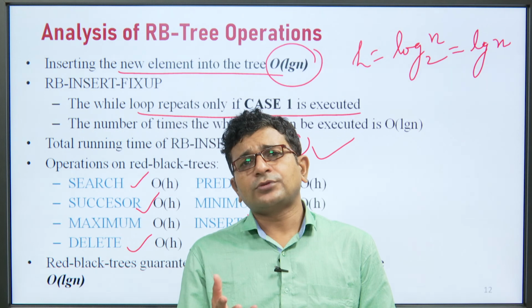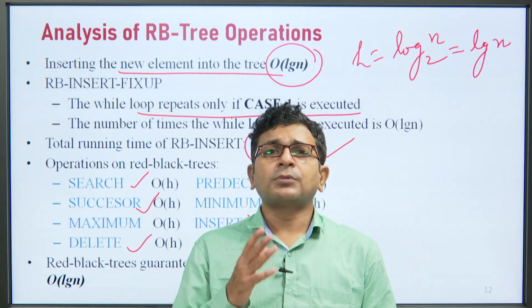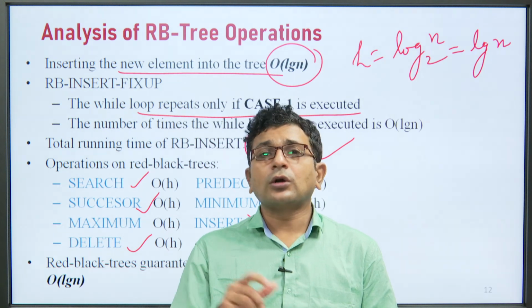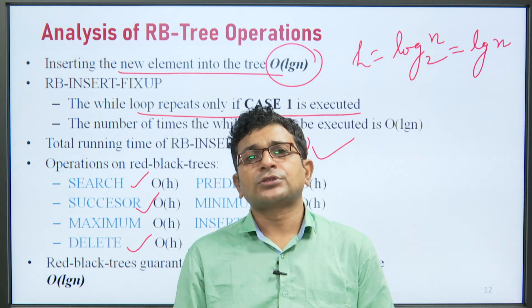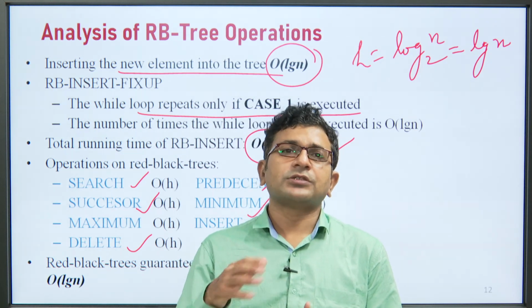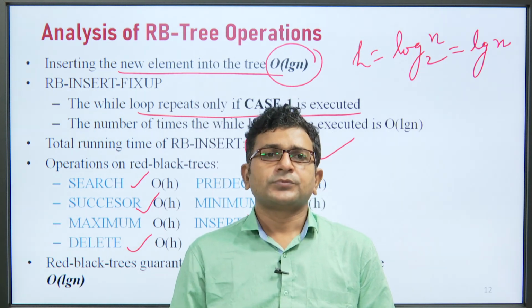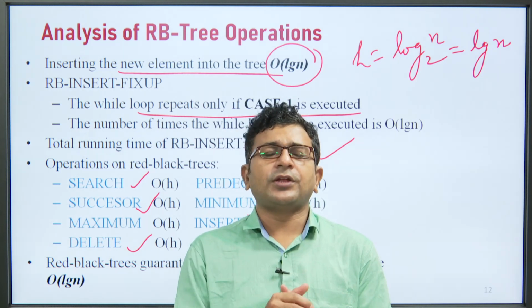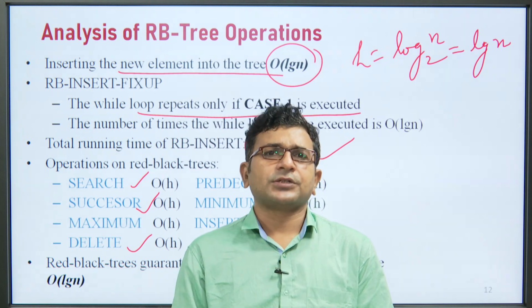In other words, since the AVL tree is much more balanced than the red black tree, searching is faster in the AVL tree in comparison to the red black tree. So, this is the difference between the AVL tree and the red black tree.